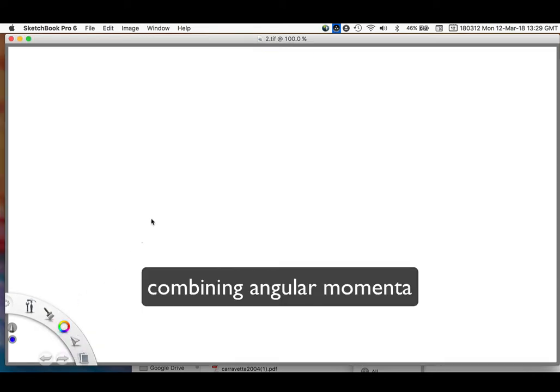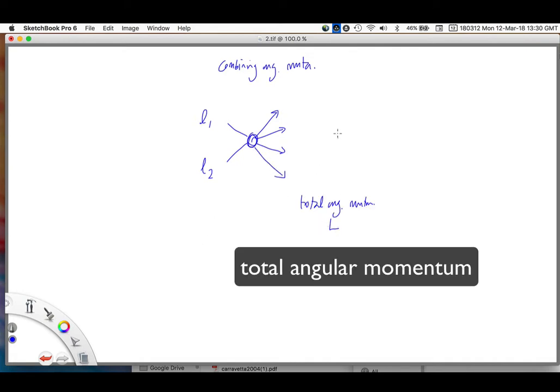There's a very simple rule about how to combine angular momenta. Suppose you have two sources of angular momentum with quantum numbers L1 and L2. These could be the orbital angular momentum, could be spin, could be two sources of orbital angular momentum. As long as they're angular momentum, the same rule applies. If you combine the two together, you can generate states which have a new value of total angular momentum called a capital L. The values of capital L can be as follows.